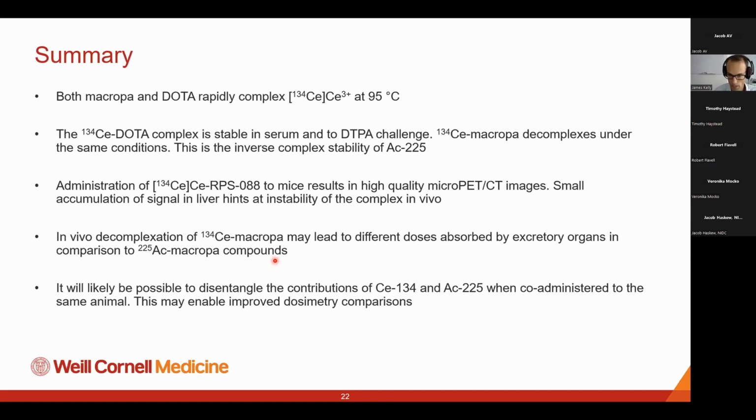So that's something that might have to be factored into dosimetry calculations moving forward. But I think one of the things we're excited about is that it will likely be possible to disentangle the contributions of cerium-134 and actinium-225 when co-administered to the same animal.